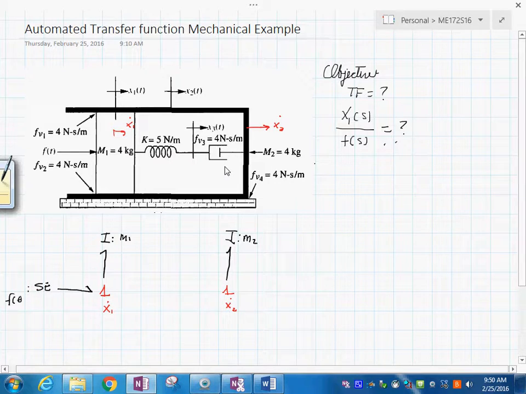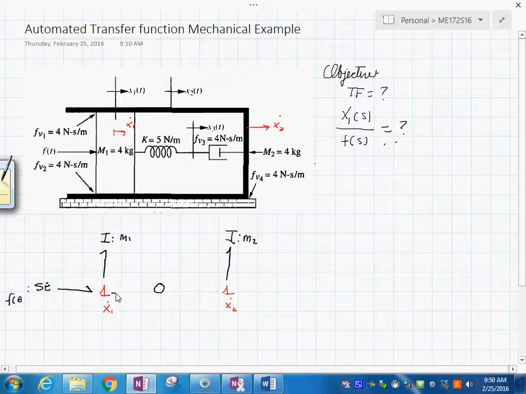Because you see what's happening is that the force on the spring is transmitted over here. So the force is the same, but the velocities are not. So in this particular case, you can say, okay, this is the 0, and then you say, okay, this is the difference between this, but they see the same force.